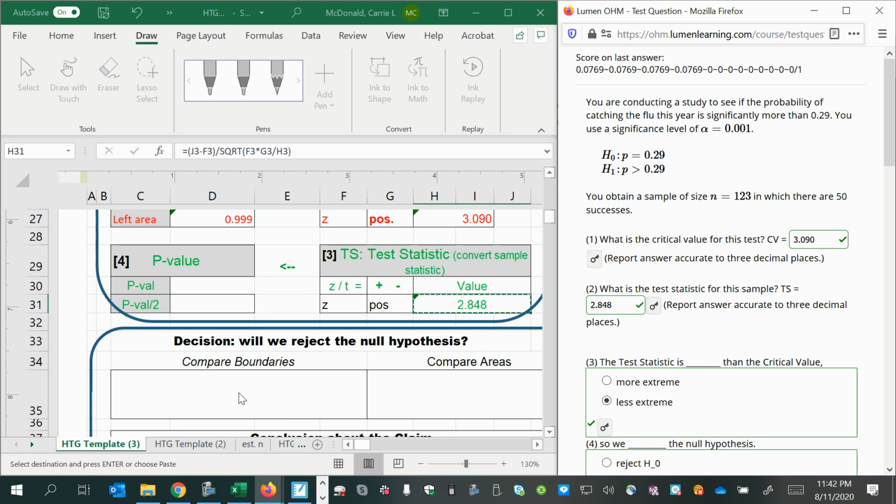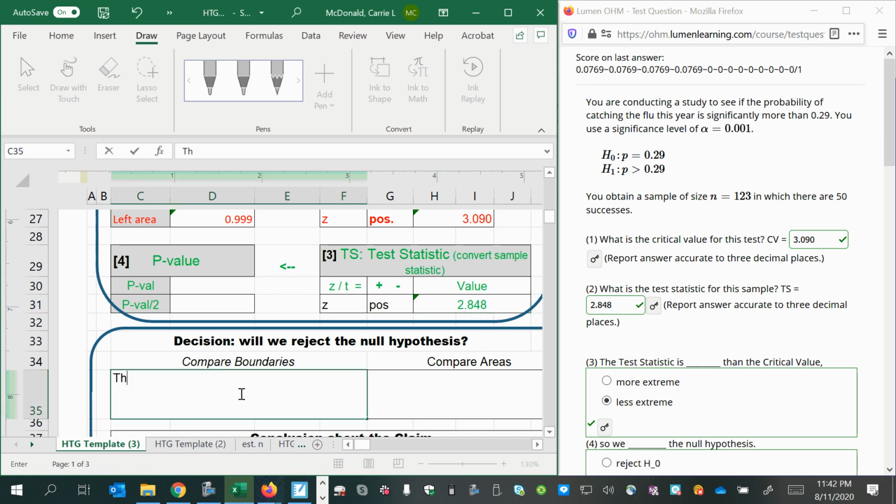Okay, so that's where we're comparing boundaries. The test statistic is not in the rejection region, or you could say the test statistic is not at least as extreme as the critical value. Okay, so we failed to reject the null hypothesis.